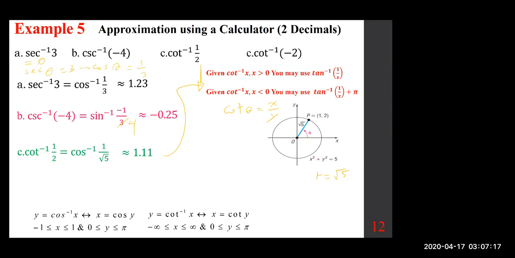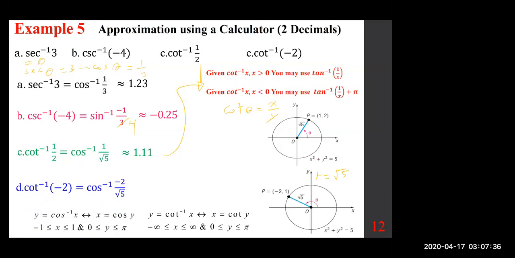If you look at the next one, cotangent inverse of -2, again cotangent is x over y. You can say x is -2 and y is 1, and you come up with the same 5 again, class. Look at this graph as far as r squared is concerned. But this time it's -2 over square root of 5.